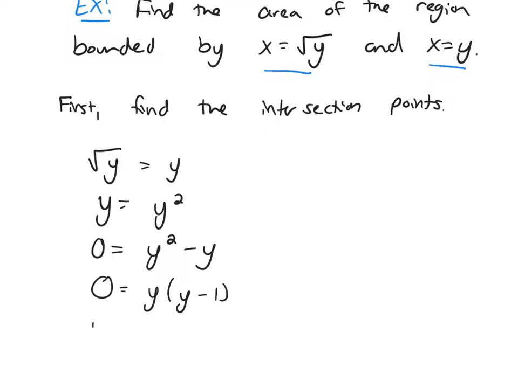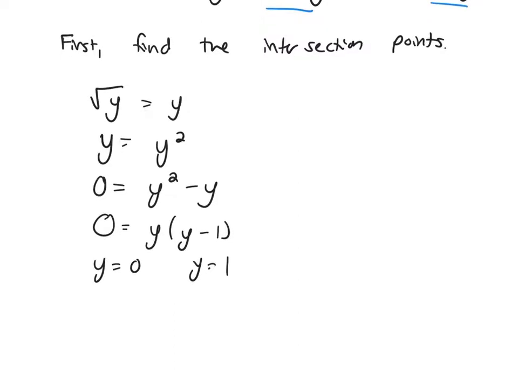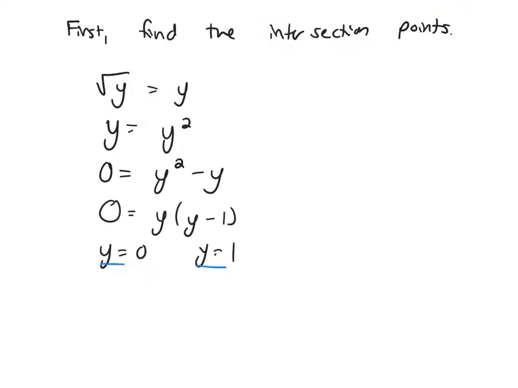And I get two solutions. I get y equals 0. And I get y equals 1. Now if you take either one of these and plug them into either function, you'll get the actual points of intersection, 0, 0, and 1, 1.